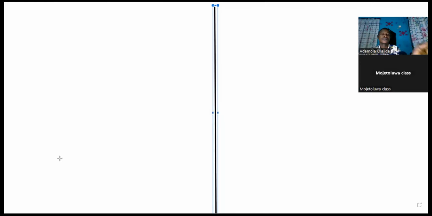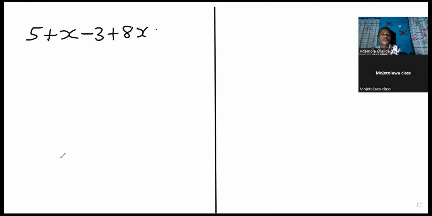What is the value of x in 5 plus x negative 3 plus 8x equals to 26 plus x?